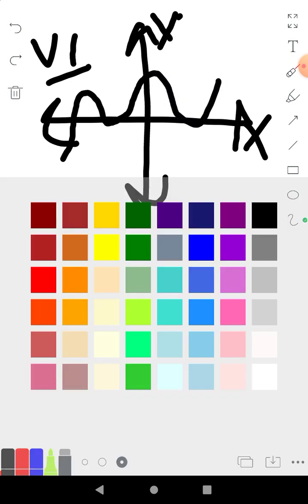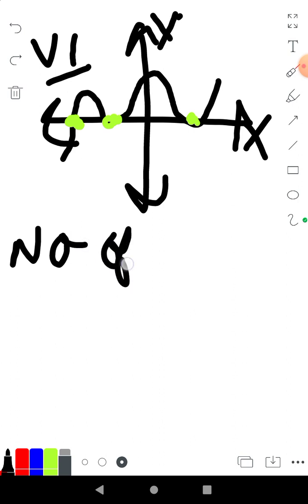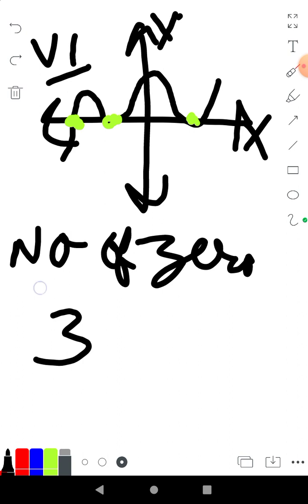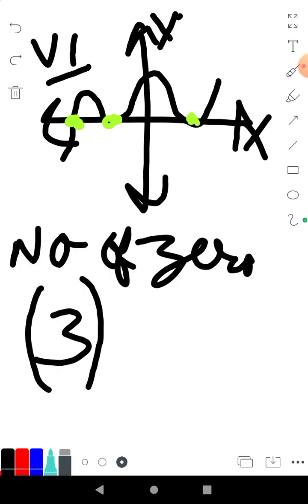So now we can say that it cuts the x-axis here, then 2, then 3. So we can say that the number of zeros in this case is 3, as it cuts the x-axis at 3 points like 1, 2 and 3.